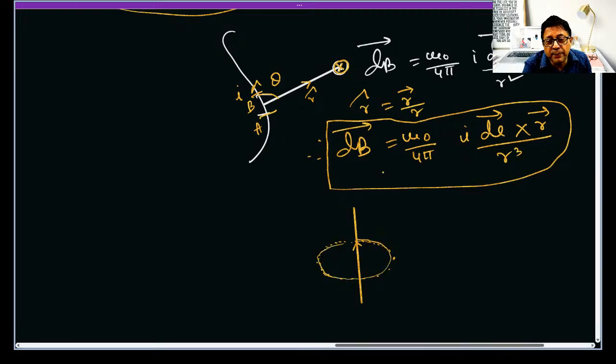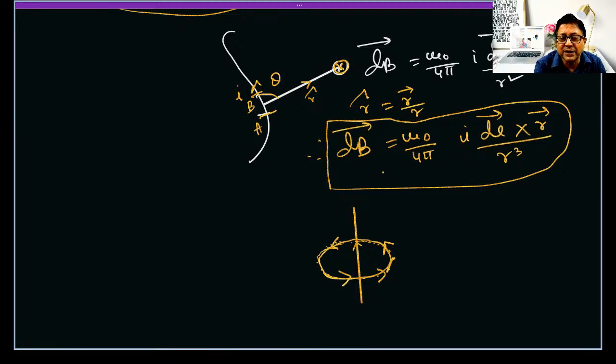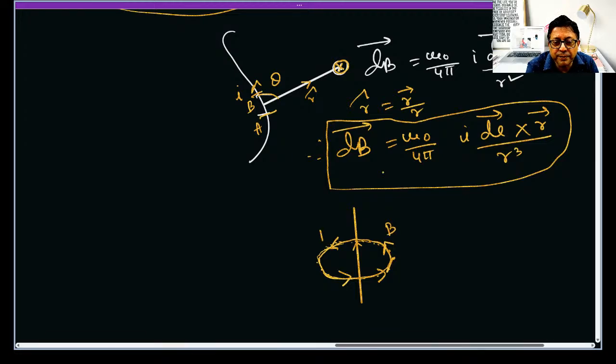Then at every point the direction of the magnetic field will be tangential, so we put the arrow this way. That's why the lines of force are circular. At every point you can get the direction using the right hand thumb rule: thumb along the direction of current, then the fingers curl in the direction of B. So B is directed this way, this way, this way.